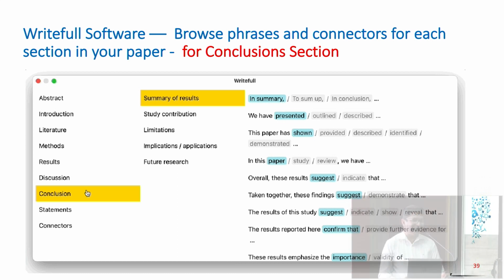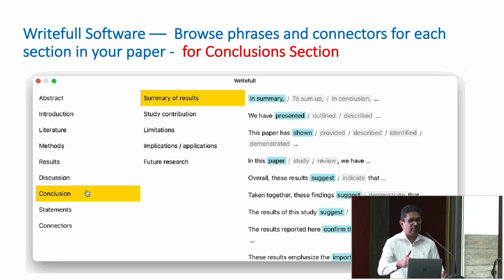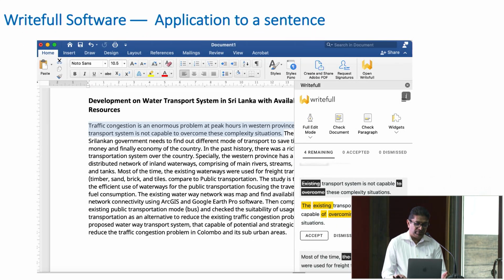You never say suggested, or you never say has suggested. So all of them can be very easily understood if you follow this before you start writing your manuscript. Before you start, just navigate all of this once, you will learn everything.